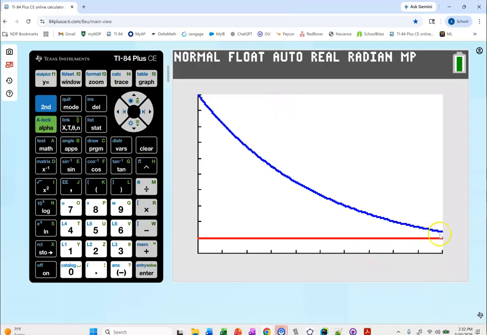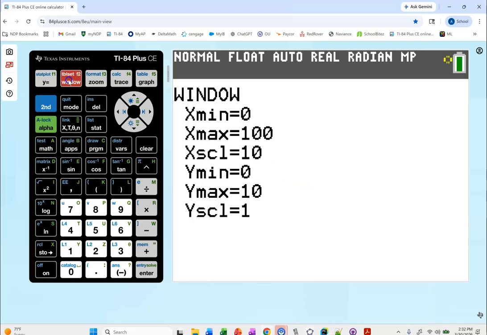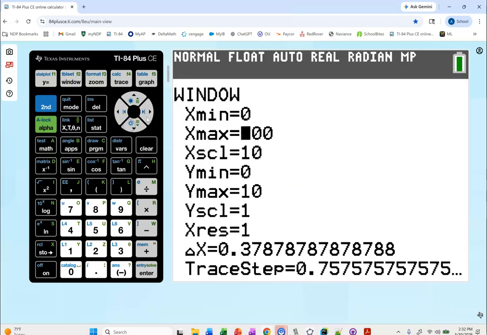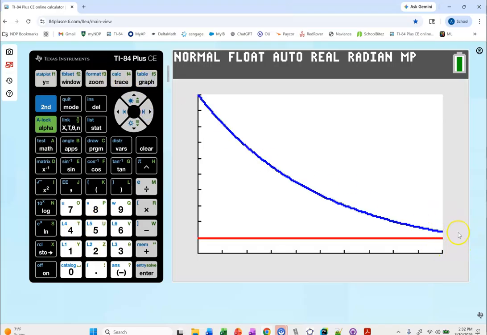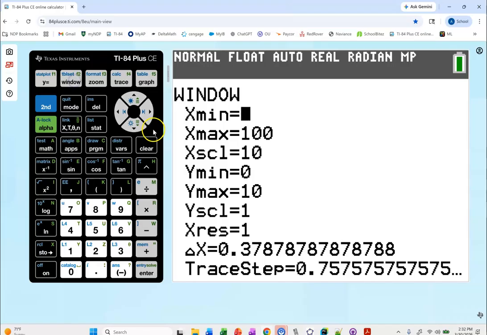Uh-oh! Maybe I miscounted there. Wait, what? So what's the issue with doing it with different windows? Like if you made it too big or too small? Well, here I made the x max too small, right? Do you see them intersecting? Nope. So let's go back and make that a little bigger then. Up and down, I'm good.